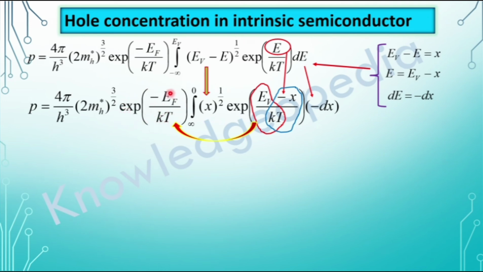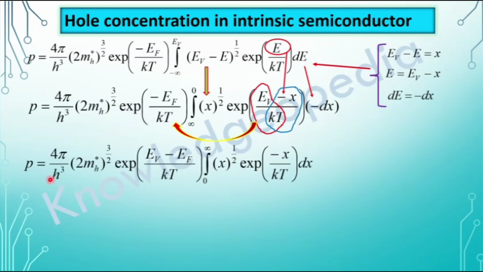After combining, I can write the integration as 4π by h cubed (2 m_h star) to the power 3 by 2, and this EV by kT is plus and this is minus, so it is exponential (EV minus EF) by kT. And inside I am left with x to the power half exponential minus x by kT and this minus dx.